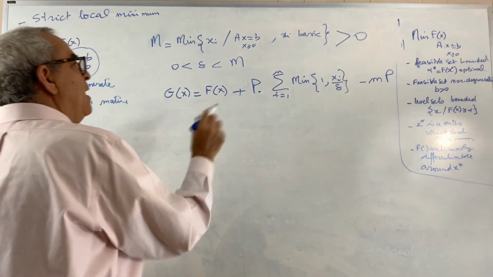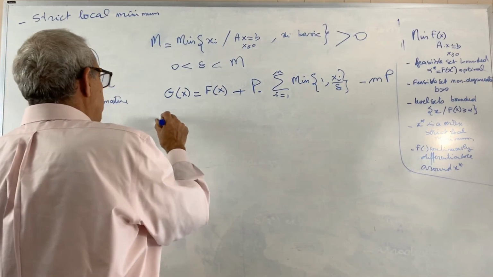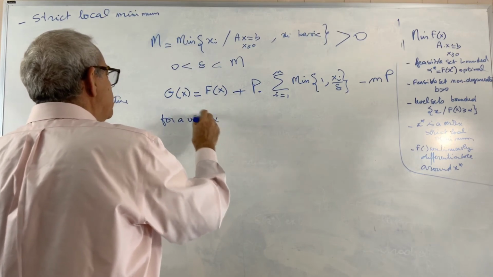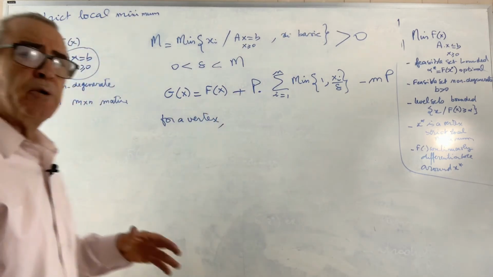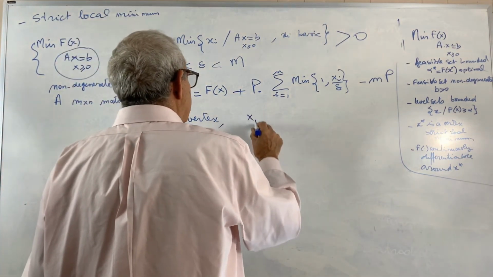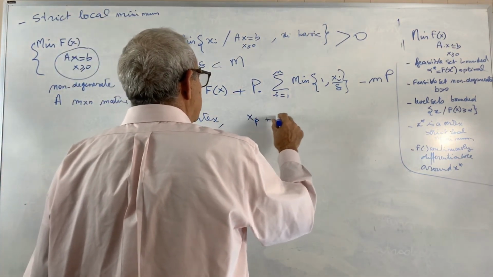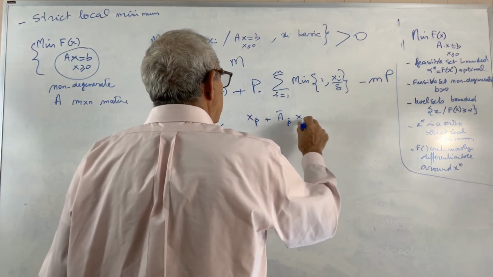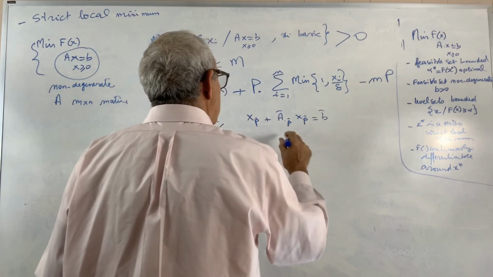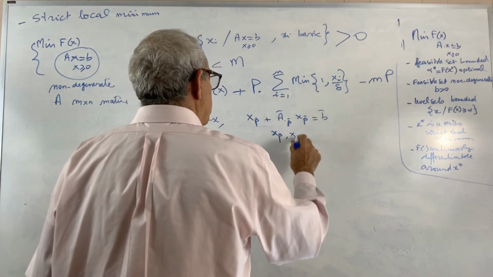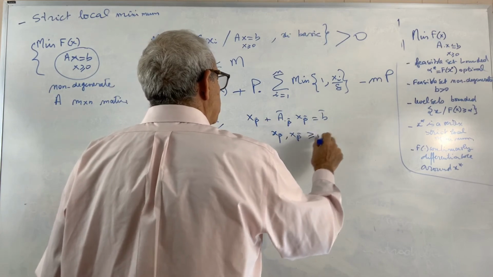Now, for a vertex, from the theory of linear programming, you can check my video on that, the system is of the form x beta plus a bar dot x beta bar equal to b bar, and x beta bar greater or equal to 0.